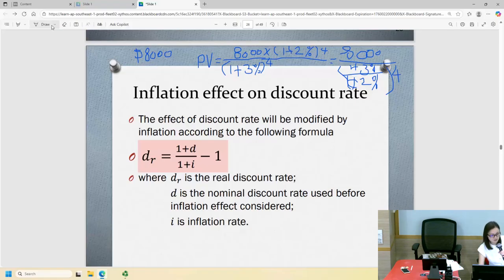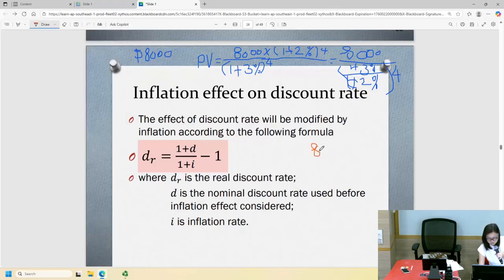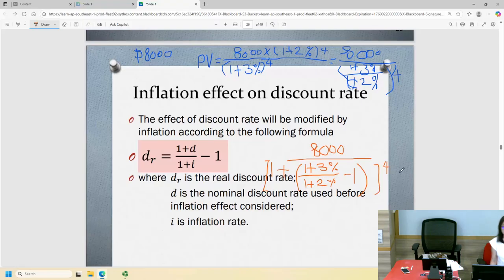Then you can further rearrange it into 8,000 and then 1 plus, 3% divided by 1 plus 2%, minus 1, and then to the power 4, right?